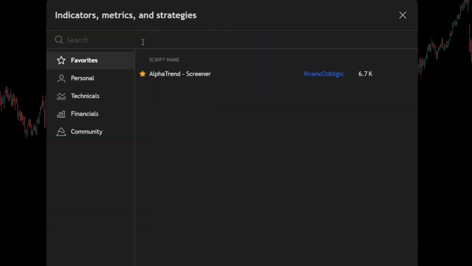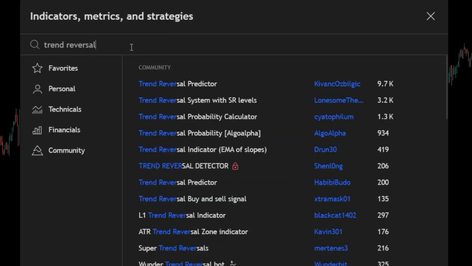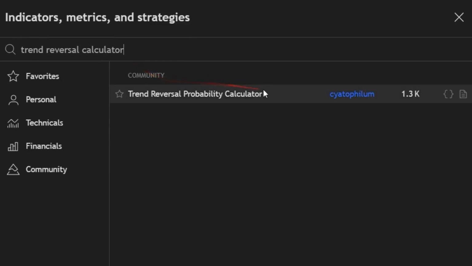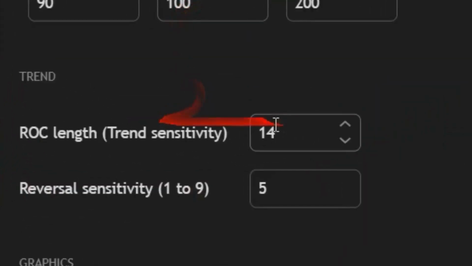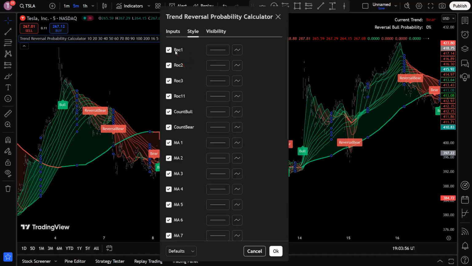Click on the Indicators tab, search for Trend Reversal Probability Calculator by COPAM. Click on it to add it to your chart. Open its settings and change ROC length from 14 to 16. Hide unnecessary options for a cleaner view.